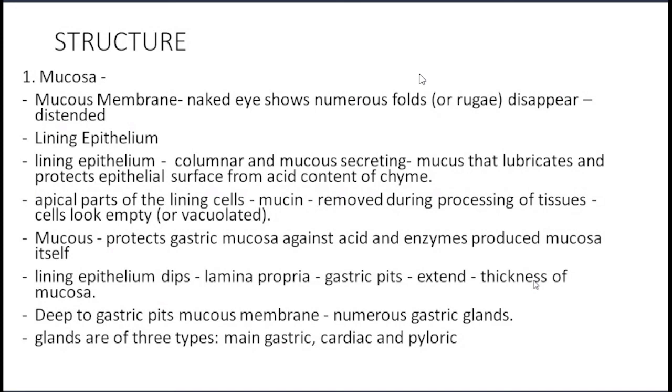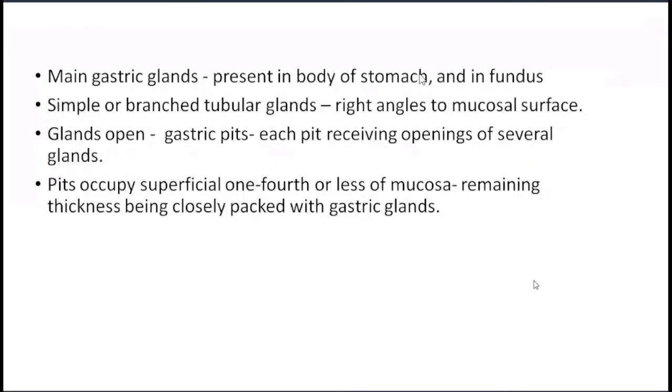Now coming to the gastric glands. The main gastric glands are present mostly in the body of the stomach and the fundus part. These gastric glands are simple tubular glands, present at right angles to the surface, and they open into the gastric pits.